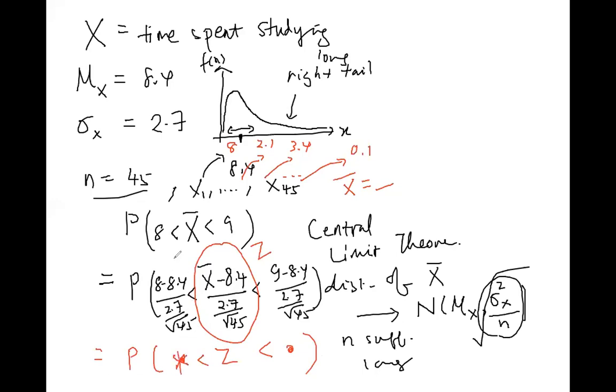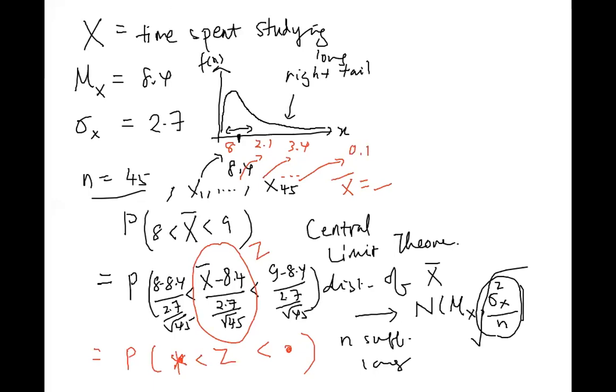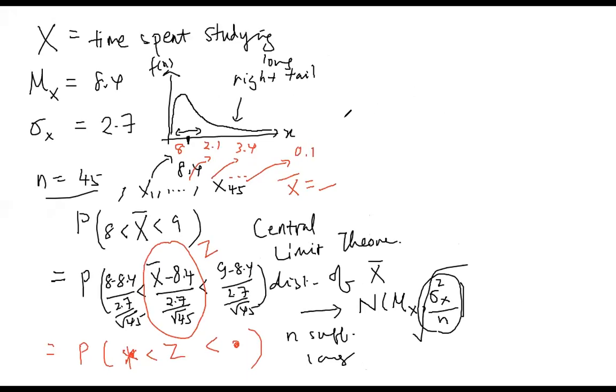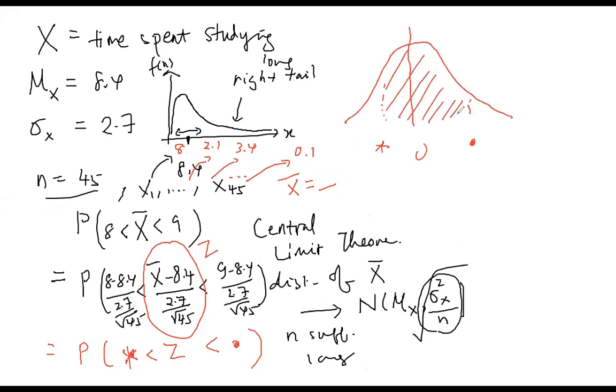You can calculate these two values yourself, and then just check the statistical table. You want this area under the curve, and you can use the statistical tables to help you. So that's the first part.